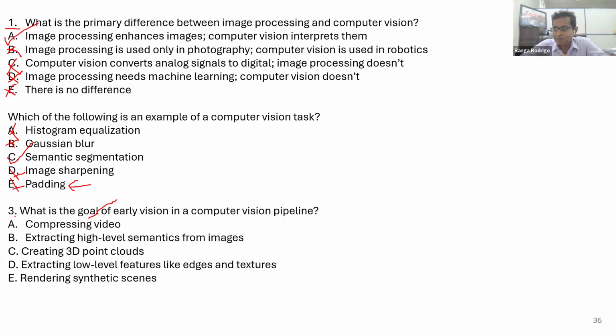Third question. What is the goal of early vision in computer vision pipeline? Compressing videos, wrong. Extracting high-level semantics, semantic meaning, from images, wrong. Creating 3D point clouds, wrong. Extracting low-level features like edges and textures, correct. Rendering synthetic scenes, wrong. So D is the answer for this question.